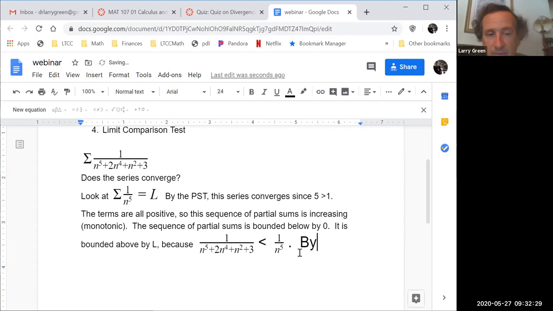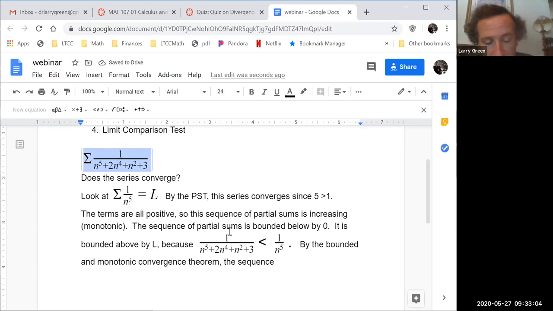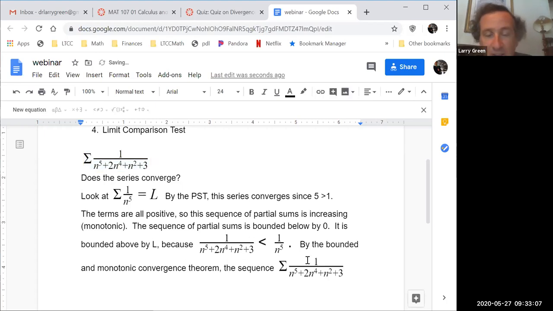So by the bounded and monotonic convergence theorem, the sequence, and since we have a couple of sequences, let me state what I'm talking about, that's our sequence, converges.